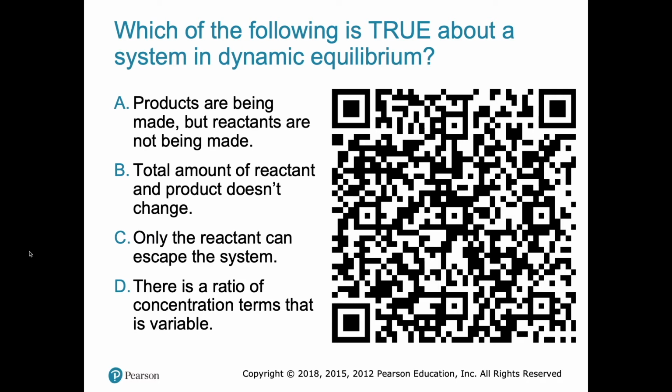Nothing can really escape from the system unless you have the system open, and then both things can escape. It's not one or the other. Makes sense? And then why is this one not true? The ratio of the concentration terms is variable. It's constant, and it's not variable, right? So the only correct answer here is the total amount of reactants and products does not change. Okay?